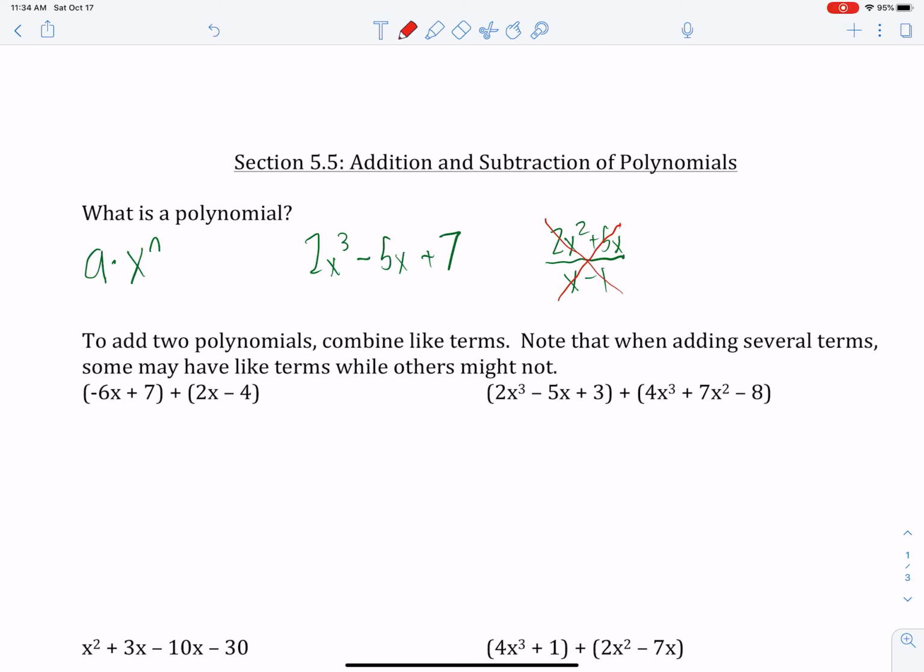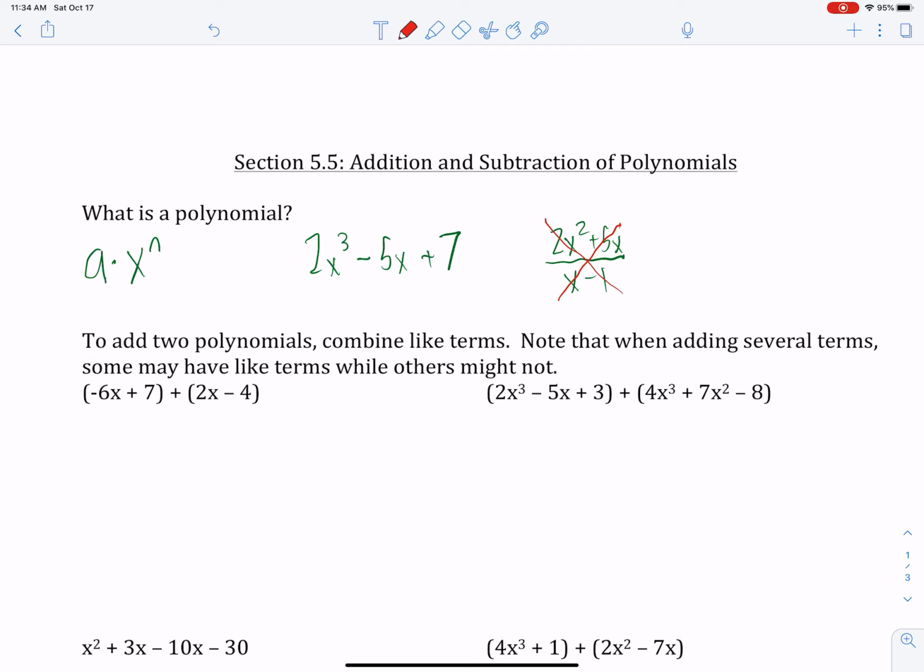You don't have any variables under roots. It's terms added together like that, where you've got a number. It can be any kind of number at the front. And then the exponent for each term has to be a non-negative integer. So basically a whole number. Things like 3, 5, 7, but not 3.2, 5.1, or anything like that.